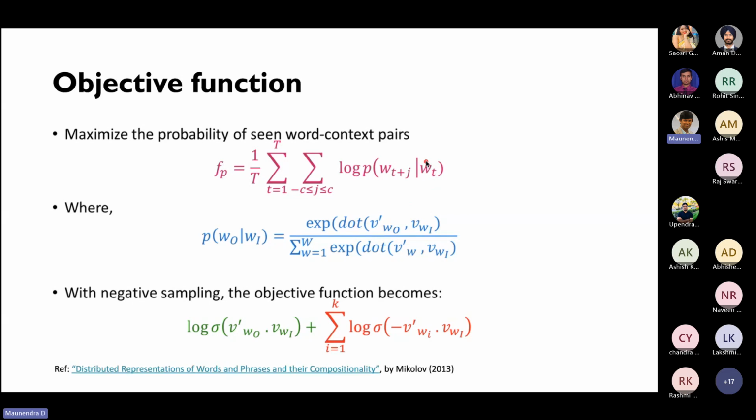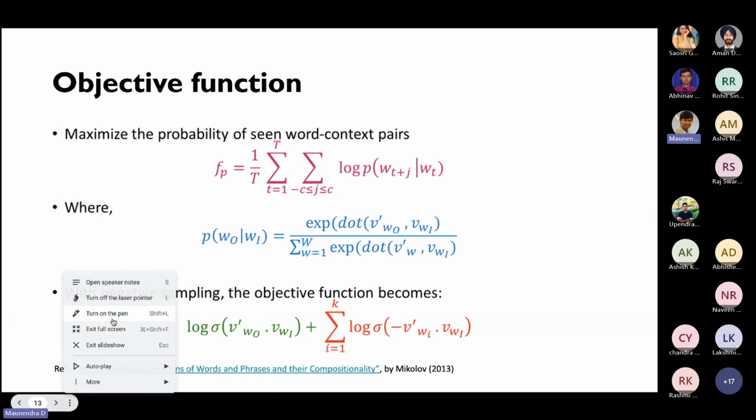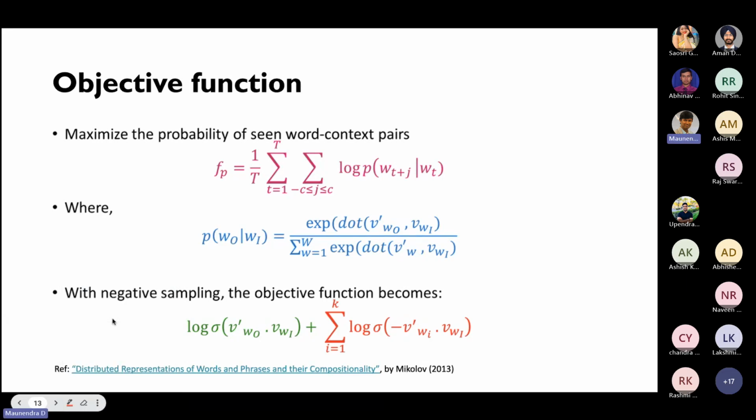So how do we utilize them? Each word will have two different representations: a representation in the output and a different representation as the input.